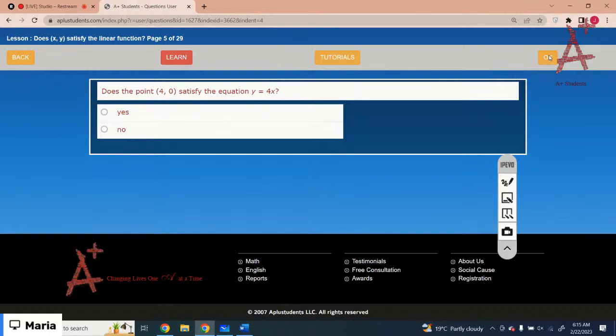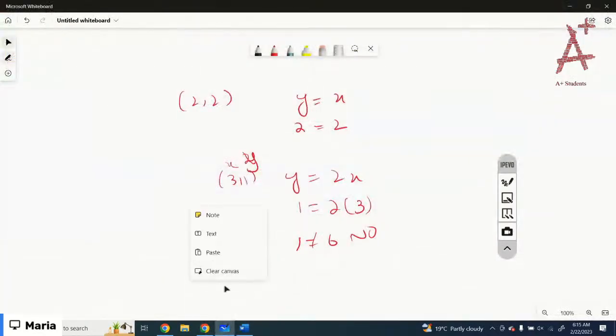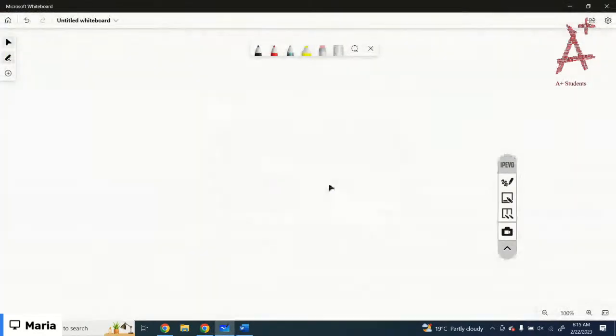Okay, the next one is, does the point (4, 0) satisfy the equation y equals 4x? So the point is (4, 0) and we need to see if it satisfies y equals 4x.